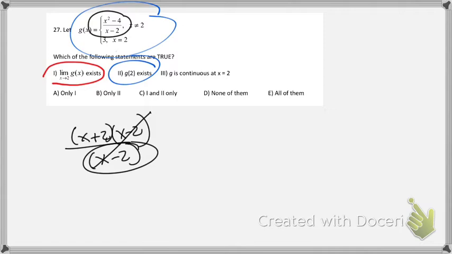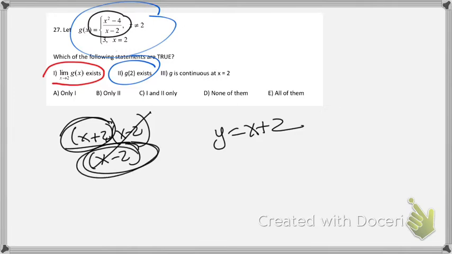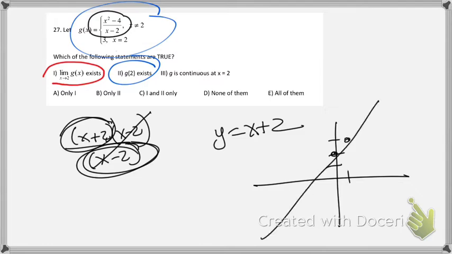Okay, so graphically, this is literally the graph of the line y equals x plus 2, but there's a hole in it when x is 2. If I wanted to graph it, it's y-intercept of 2, slope of 1, up 1 over 1. It would be this line, but at 2, there's a hole in the graph. Over 2 up to this point, that point doesn't really exist. There's a hole right there, okay, at 2.